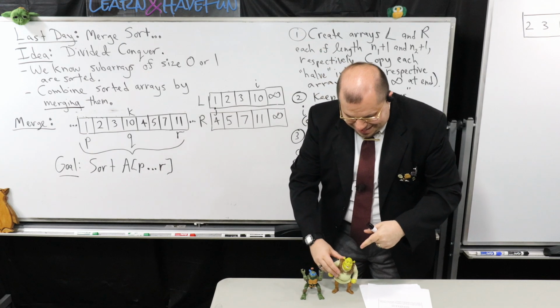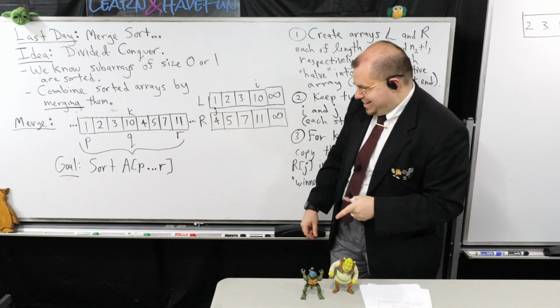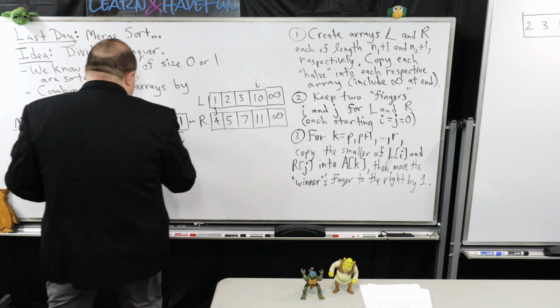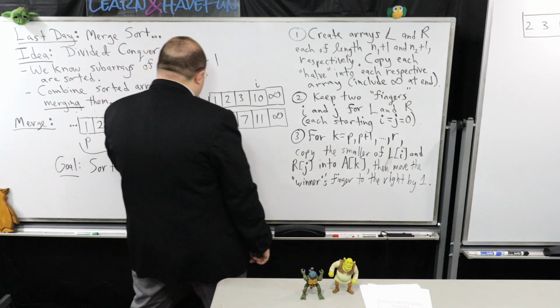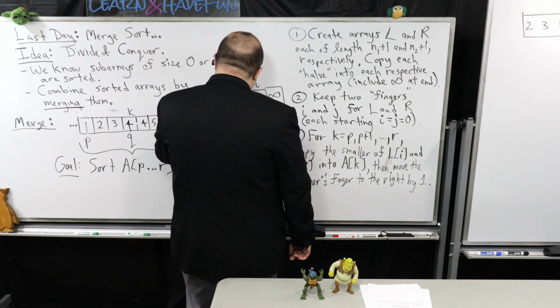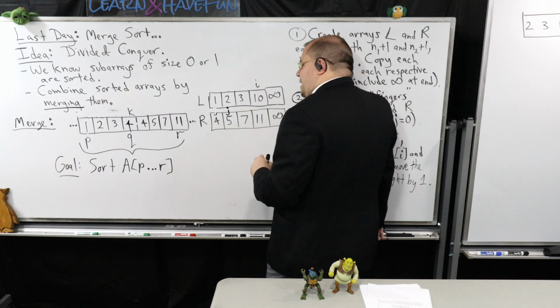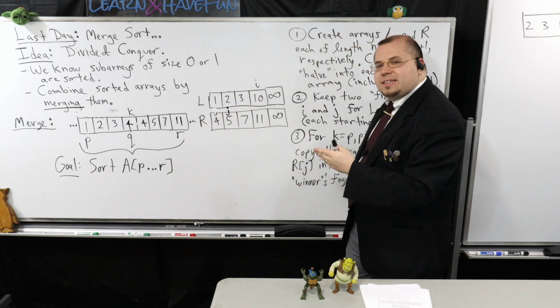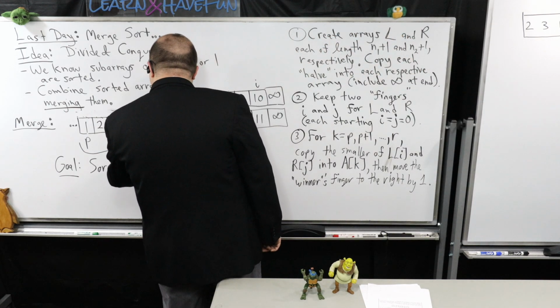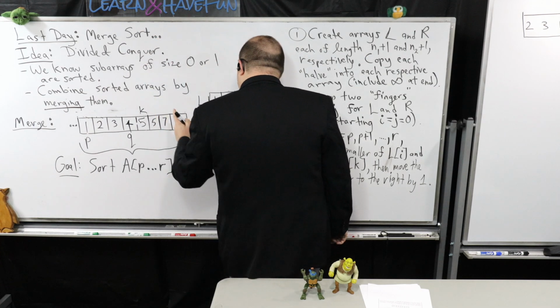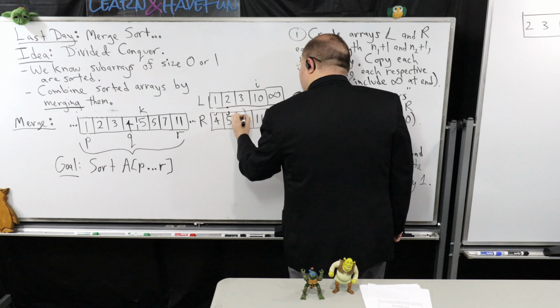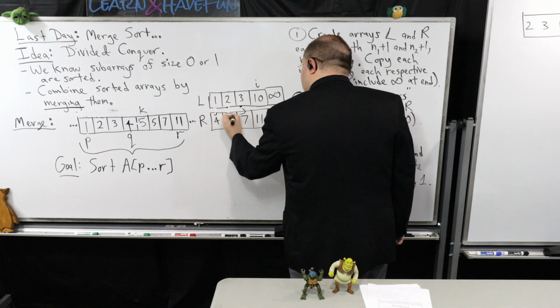No, you stay there, Team R. I'm on to you. So I'm going to copy in 4 right here. We're going to move my finger for Team R, 1 to the right. And now we have 5 versus 10. Team R wins again. So I move my finger to the right by 1.